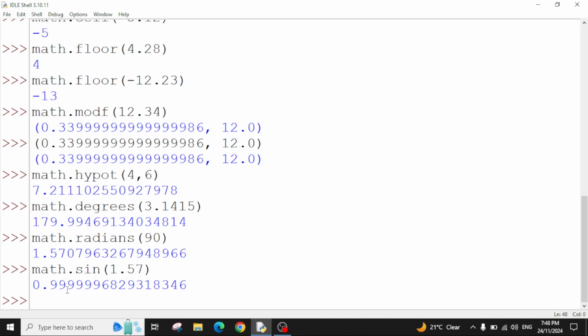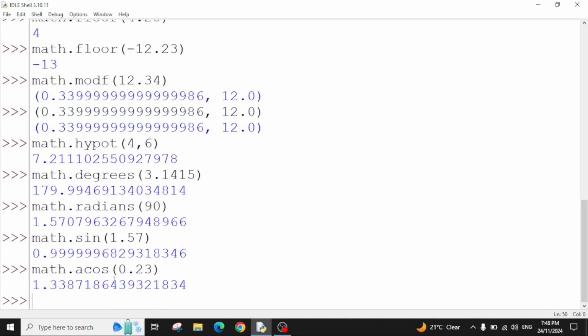In the same fashion, you can use cos, tan. We can use asin, acos, atan to find the inverse of sine, inverse of cos, or inverse of tan also. Say math.acos, and here the value is say 0.23.